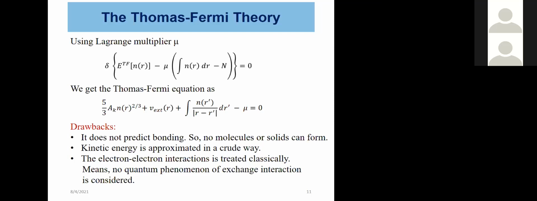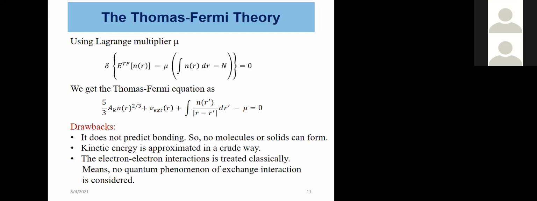Also the kinetic energy, this first term, (5/3) A_k n(r)^(2/3), is approximated in a very crude manner. How? This kinetic energy assumes that the electrons are free in the material and not interacting, so they occupy levels up to the Fermi wave vector, and all the states are filled up to the Fermi wave vector.